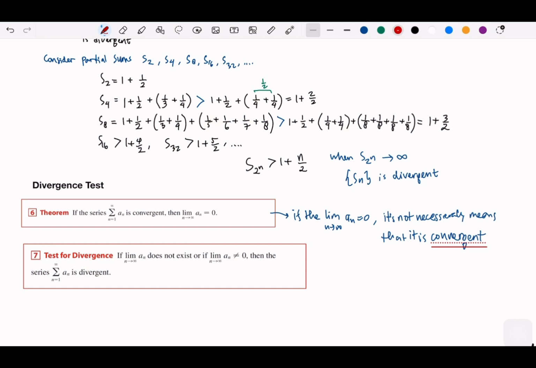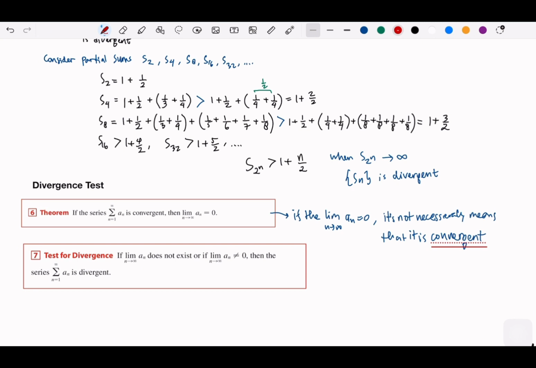Now if we check the harmonic series 1 over n, the limit is 0, but it's divergent. So it doesn't work if we reverse the first statement. But for the test for divergence, if we can find the limit, and it doesn't exist or is not 0, then it will be divergent. So this is the very first test that we can check.